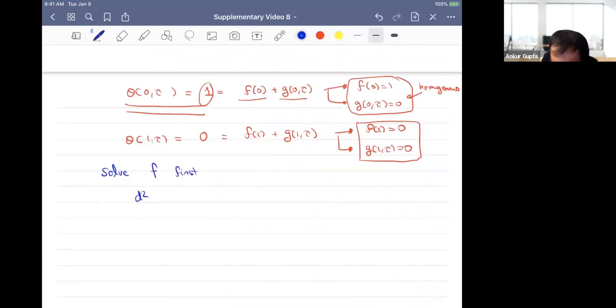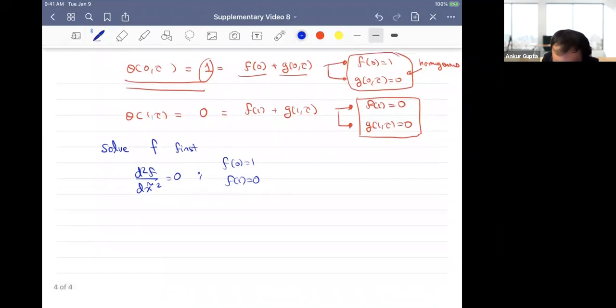So it's d square f by dx square is 0, and f of 0 is 1, and f of 1 is 0. This essentially means f becomes a1x plus b1.